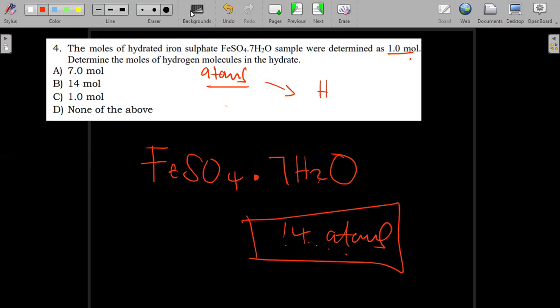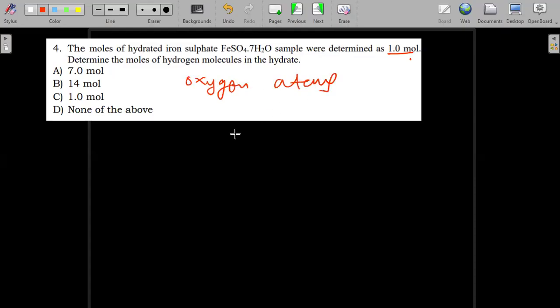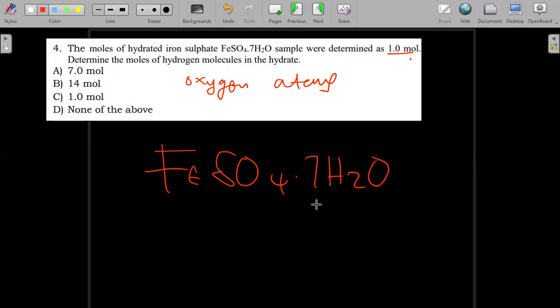And then they can also ask you about water and also about what? Oxygen. For the oxygen, they're just going to ask you how many moles of oxygen atoms you can see in 1 mole of this whole thing. So for the moles of oxygen here, this 7 is also going to the oxygen.